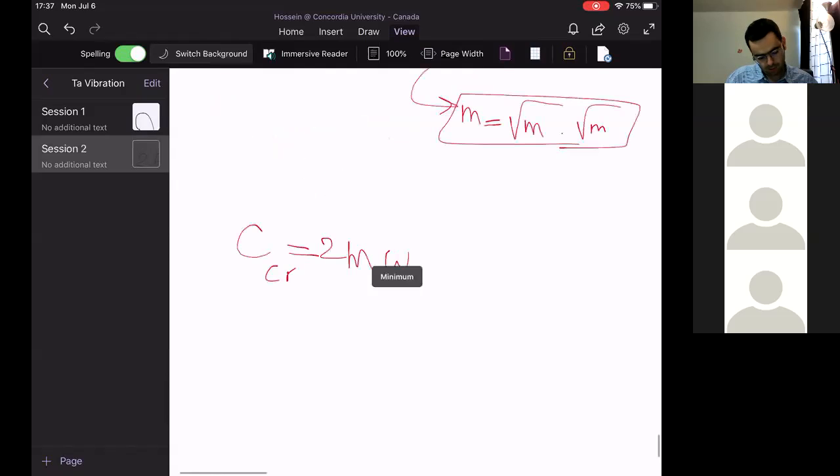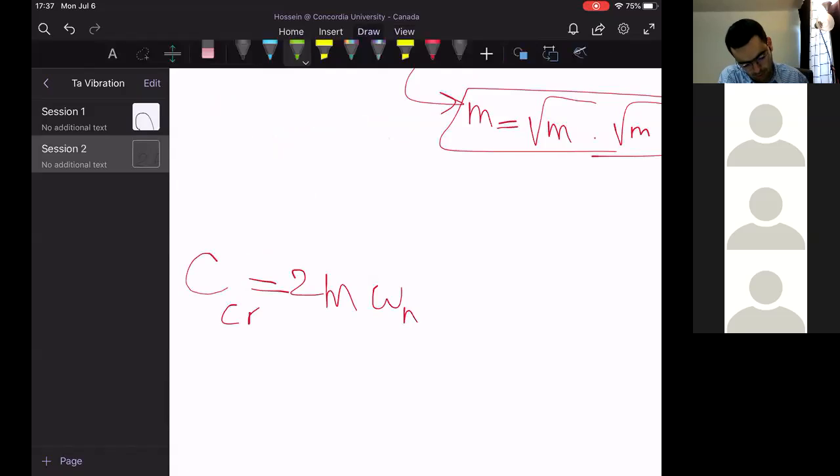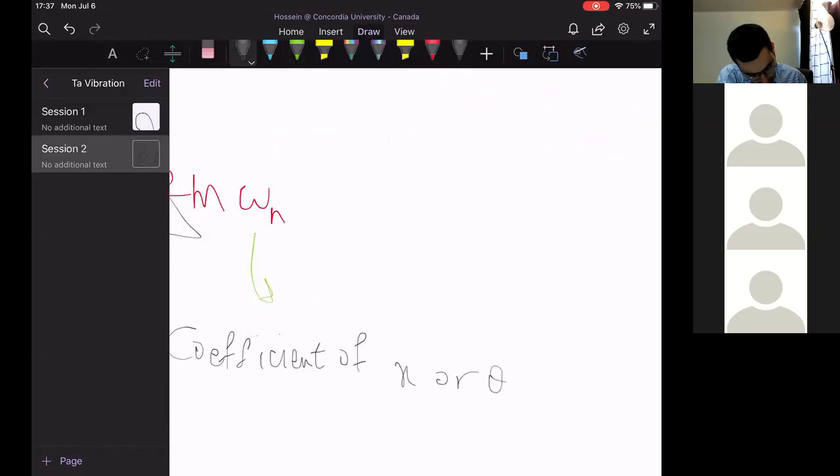Okay, so C critical is 2m omega n. We already obtained omega n as the coefficient of x or theta, when the coefficient of x dot or theta dot is 1.